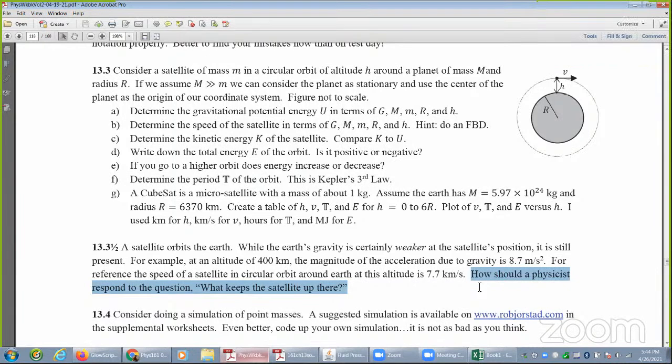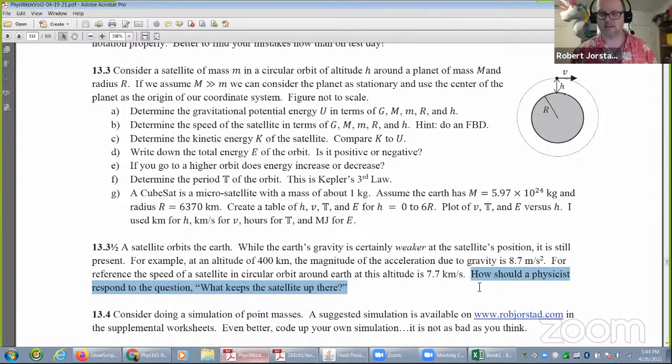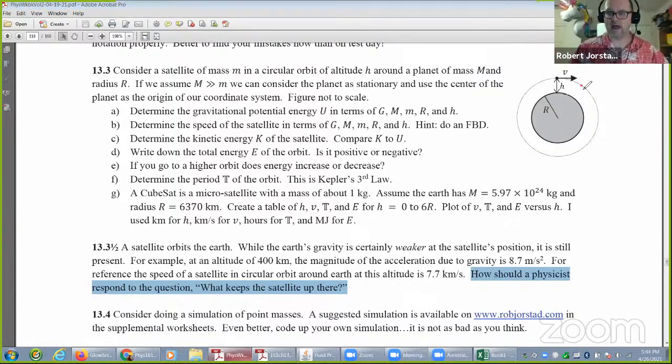I think it's angular momentum. Okay, I would go with that. That's a decent answer. I was going to say nothing keeps it up there. It's falling towards the Earth. It just never hits. That's my style, right? It's trying to fall down. And then what happens is a second later, it fell, but it's also moving around, right?